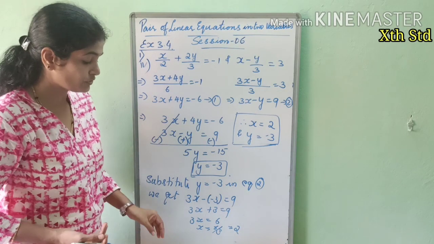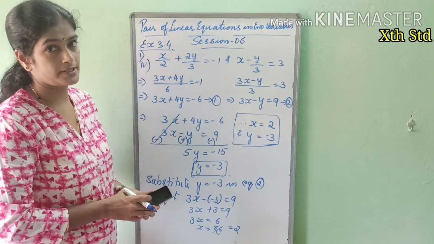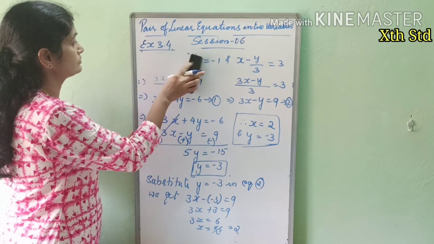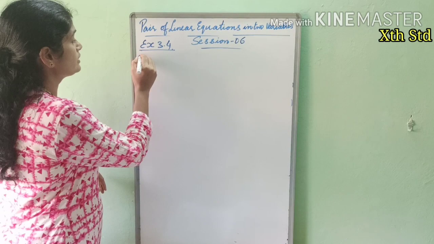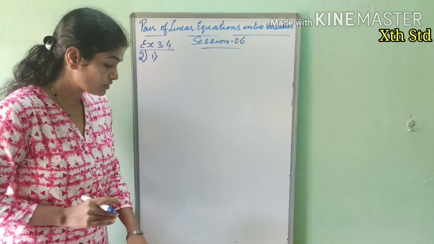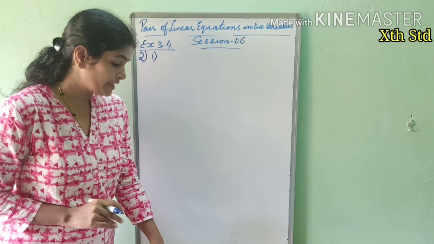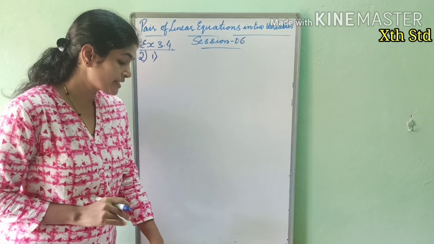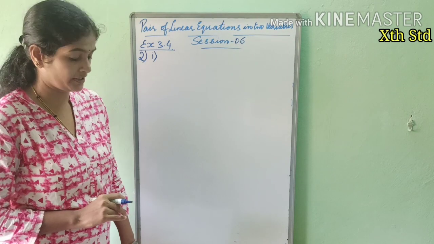Now we will move on to the second main, where they are the statement problems. Moving on to the second question in that first bit. Okay, so what does it say? Form the pair of linear equations in the following problems and find their solutions if they exist by elimination method.